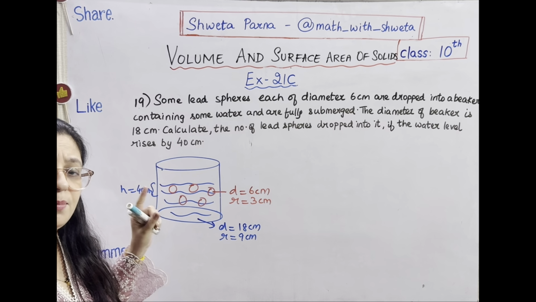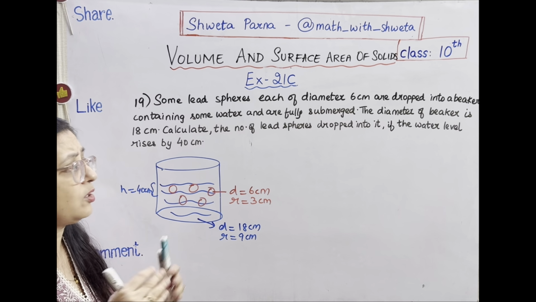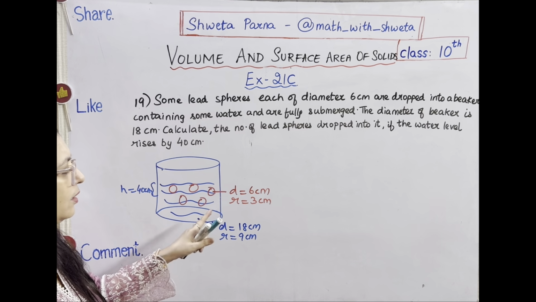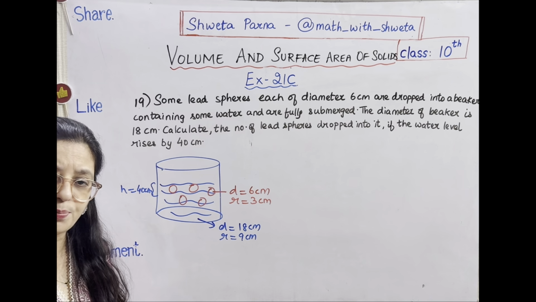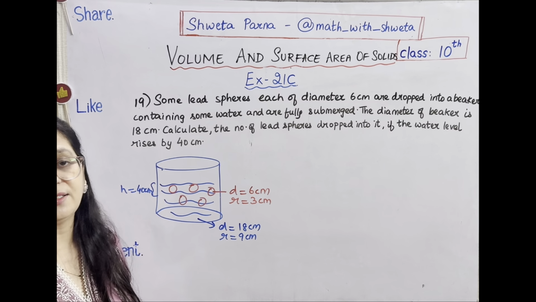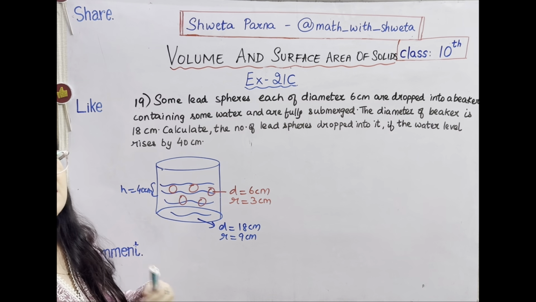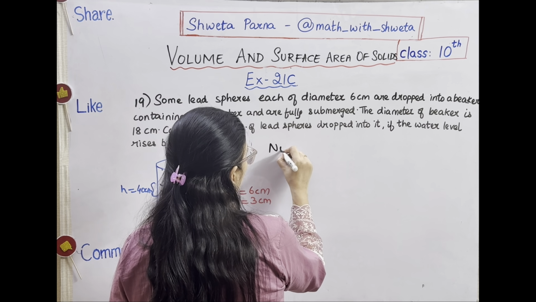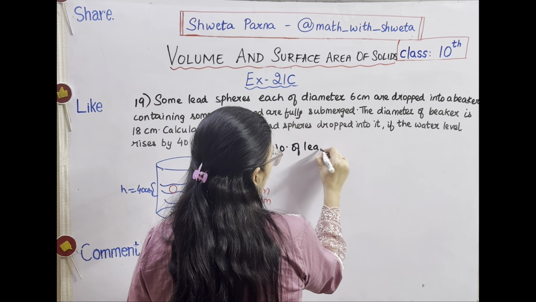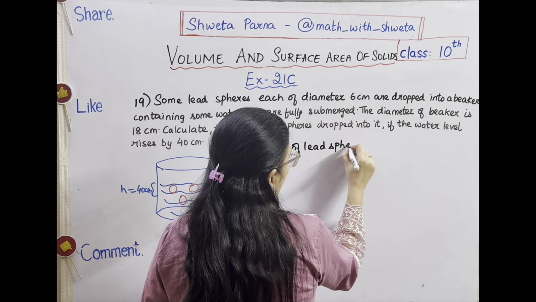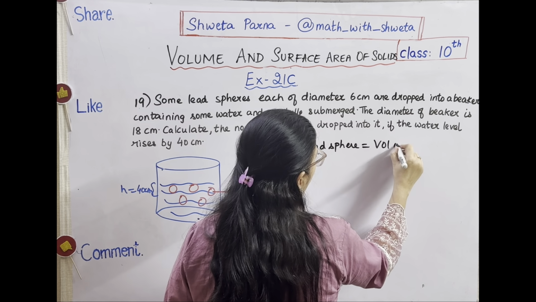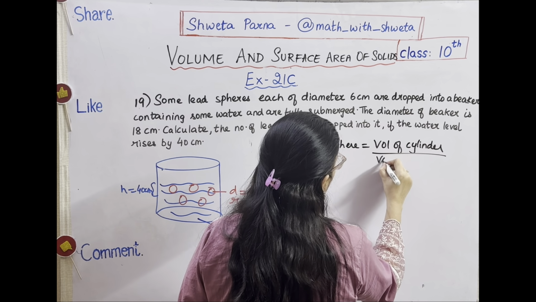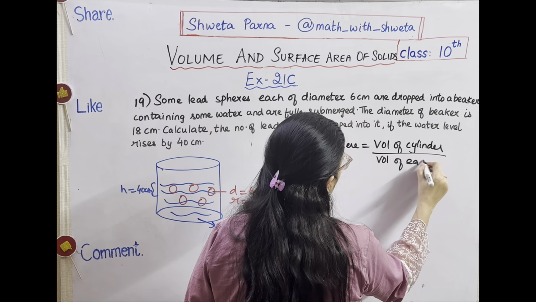In the previous sum, the water level had decreased. We use the same phenomenon, which is volume of cylinder is equal to volume of the sphere. But here there are many lead spheres, so we have to find the number of lead spheres. So how do you find the number of lead spheres? It is equal to the volume of the cylinder divided by the volume of each sphere.